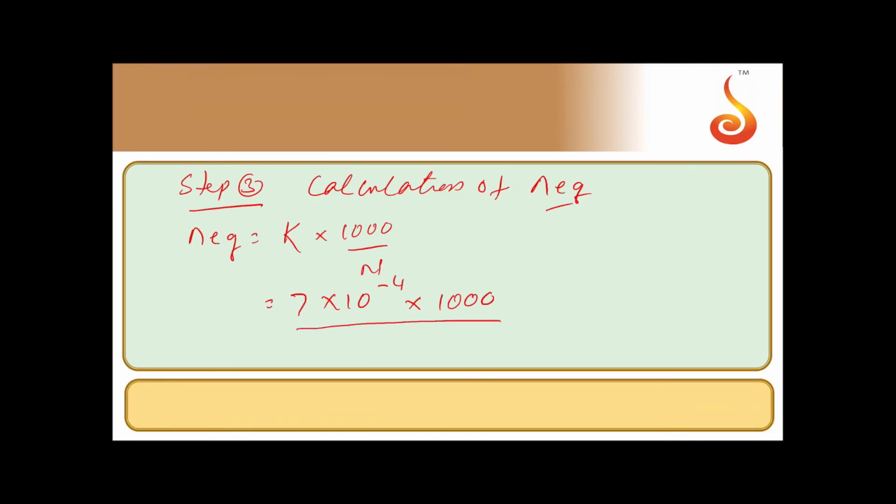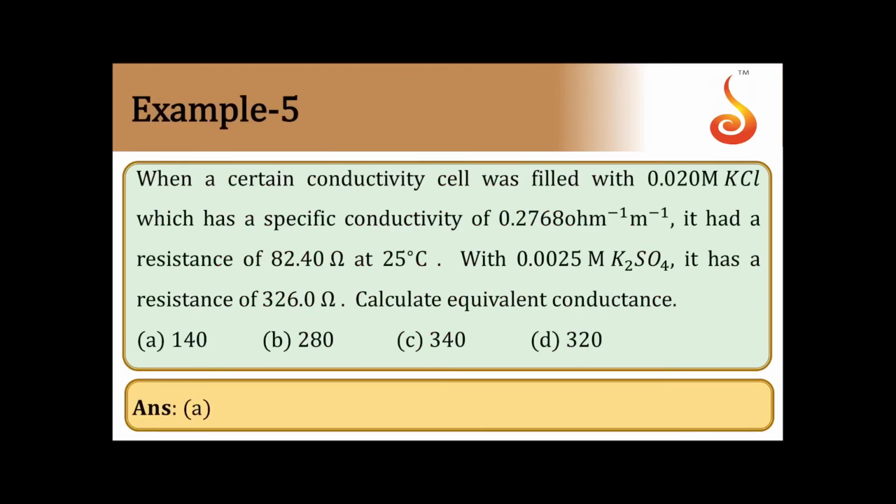The question has given molarity, not normality. We know that normality is equal to molarity into n factor. The compound is potassium sulfate, so the n factor is going to be 2. Therefore 0.0025 into 2 will come. After further simplification, finally you are going to get the value 140, in CGS units. So 140 is the correct answer.